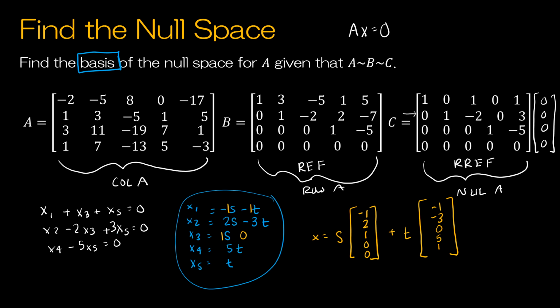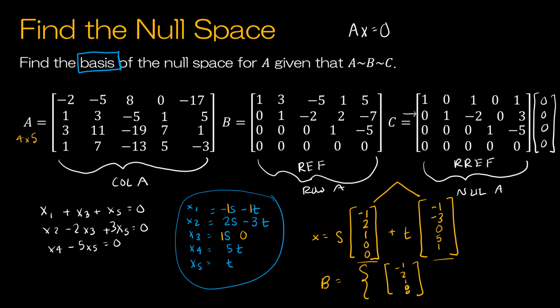Now keep in mind that this was a 4 by 5 matrix, and so it makes sense that my solutions are 5 by 1 matrices. So when it says find the basis for the null space, the basis are the vectors that I've just created, writing this parametrically. So the basis would be -1, 2, 1, 0, 0.